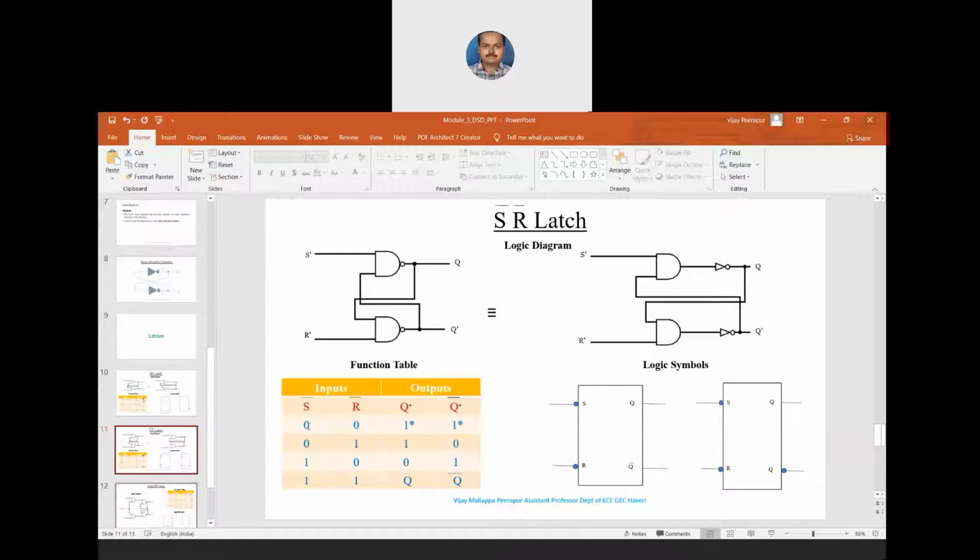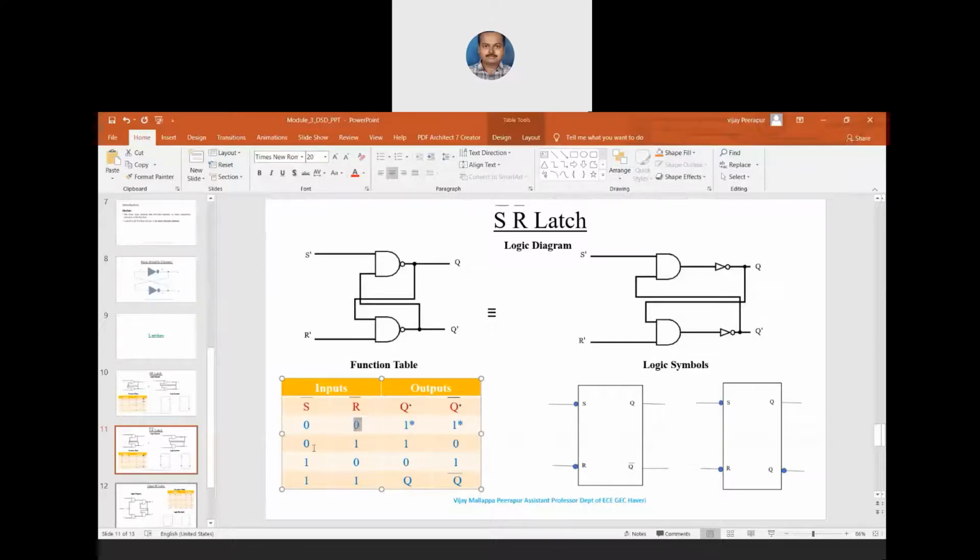Now, when S bar is 0 and R bar is 0, the next state, Q plus and Q plus bar, are both equal to 1, which we call an undefined or forbidden state.